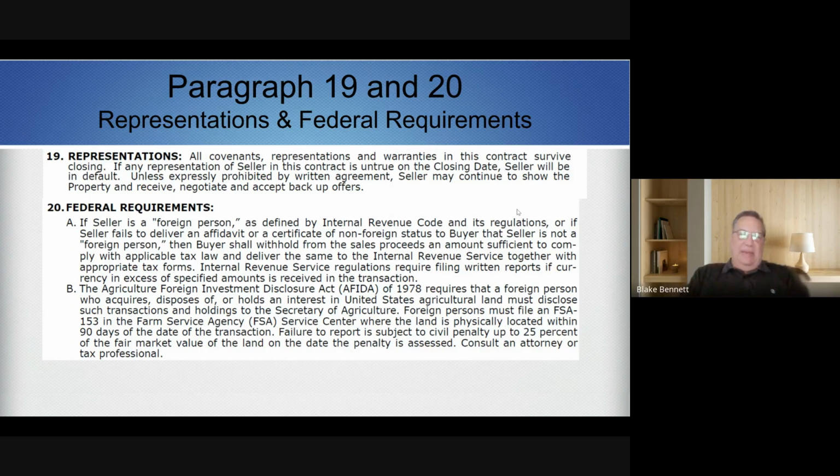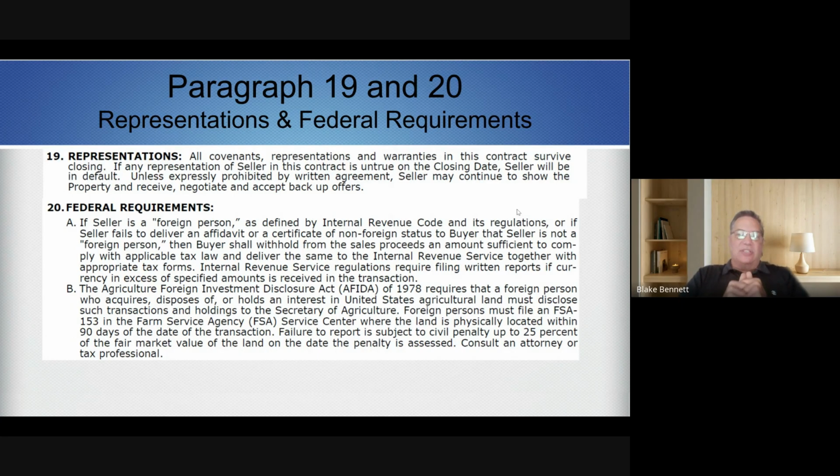Paragraph 20B, brand new paragraph. This is a CYA. I love the paragraph earlier in the contract where it will change the sales price based on the acreage and how it looks with the survey versus the list. This paragraph I'm the most proud of. Back in 1978, the federal government passed a law, and it's called the Agricultural Foreign Investment Disclosure Act of 1978.